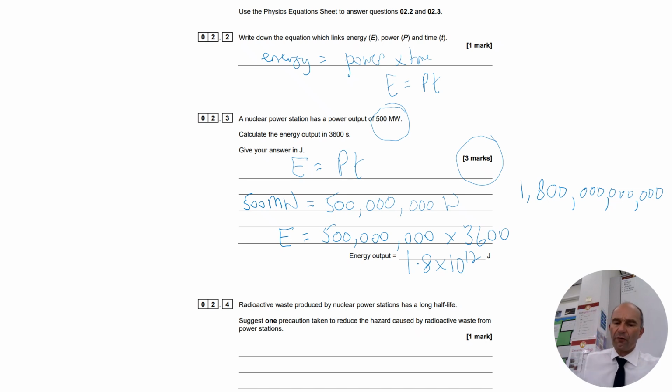Now, question 2.4. Radioactive waste produced by nuclear power stations has a long half-life. Suggest one precaution taken to reduce the hazard caused by radioactive waste from power stations. There's only one mark, so you only need to come up with one idea. You could bury the radioactive waste.